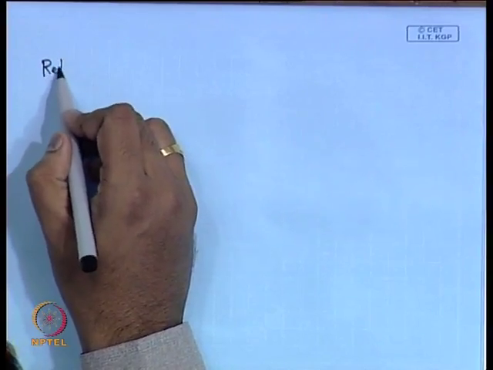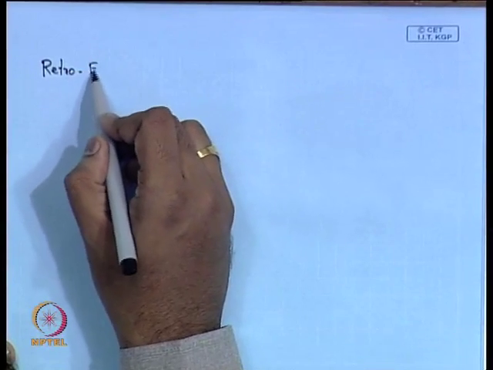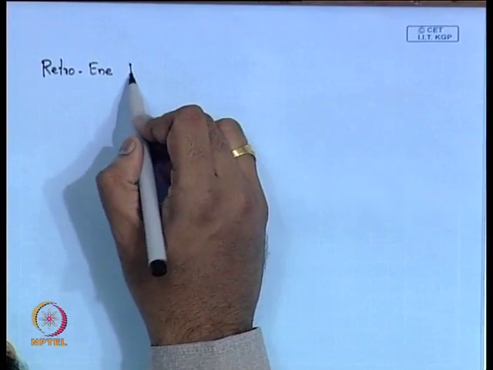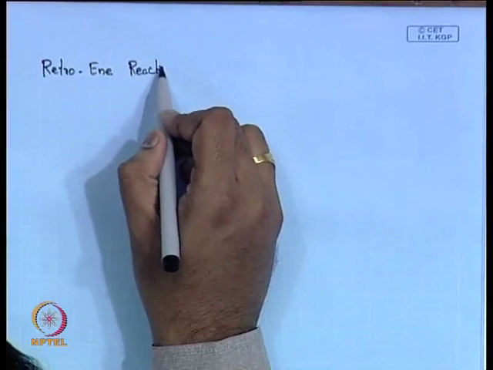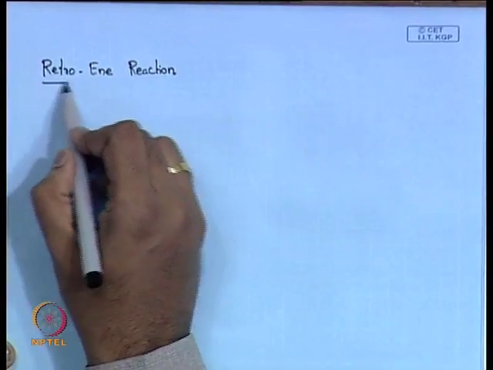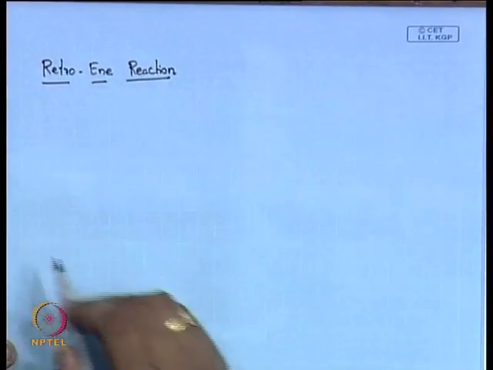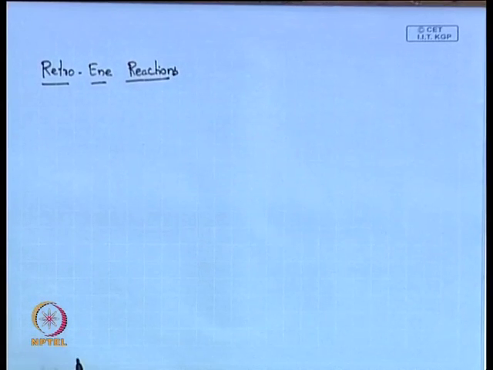There is another class which we call retro ene reactions. Any simple reactions come to your mind? Can you relate any simple reactions with retro ene reactions? Can you figure out any common reactions which can be categorized as retro ene?